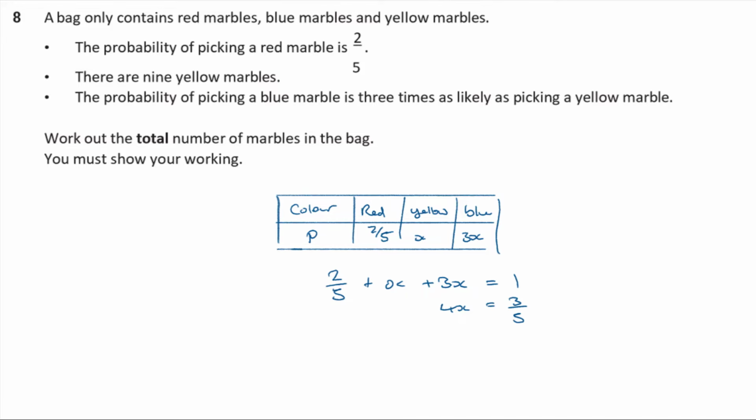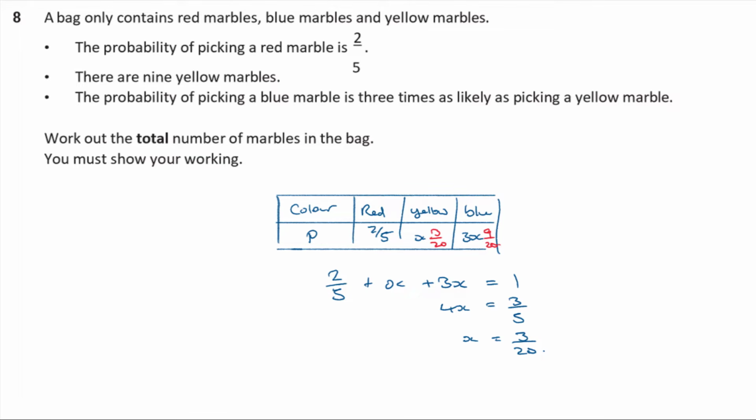Dividing both sides by 4, I'm going to end up with x equals 3/20. Okay, so what does that mean? That means the probability of getting a yellow one is going to be 3 out of 20. So that's 3 out of 20, and that's 9 out of 20.